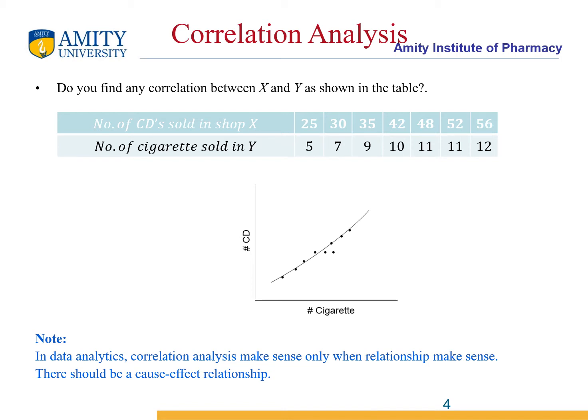Here on the x-axis are the values of the number of CDs sold in shop X, and on the y-axis is the number of cigarettes sold in Y. Here we have placed these values, trying to find the correlation between two different attributes, and plotted them in the graph.